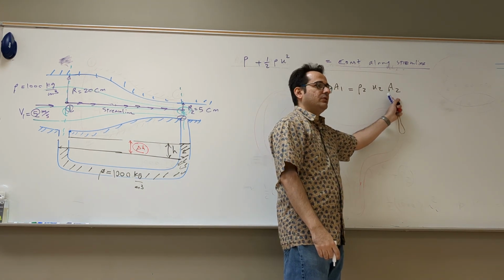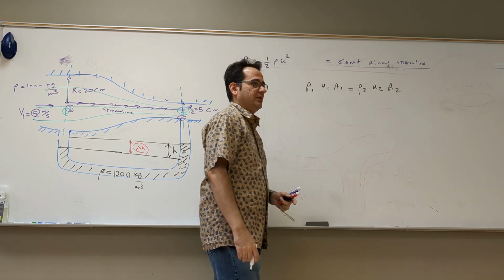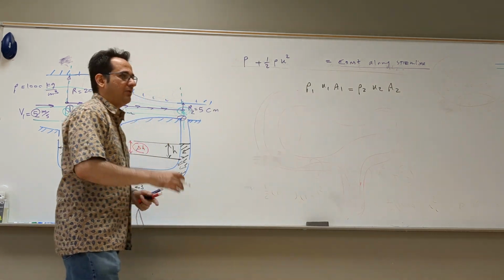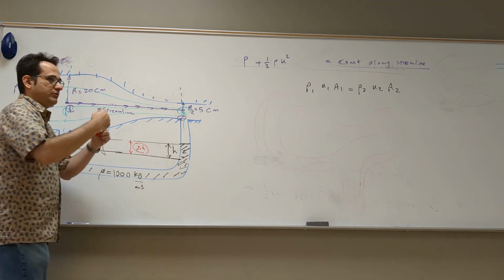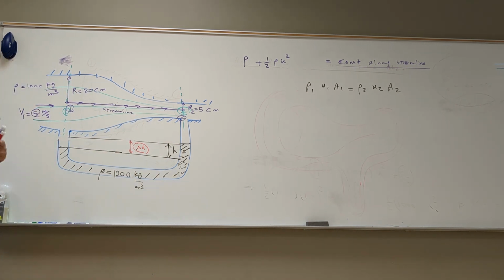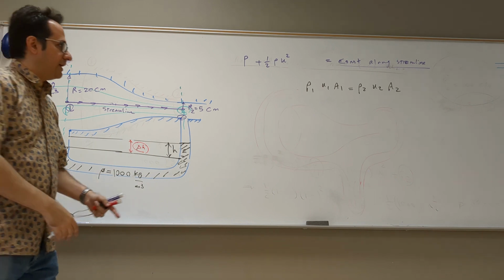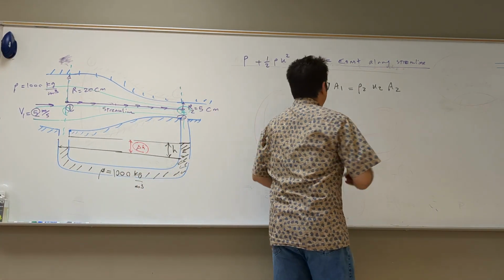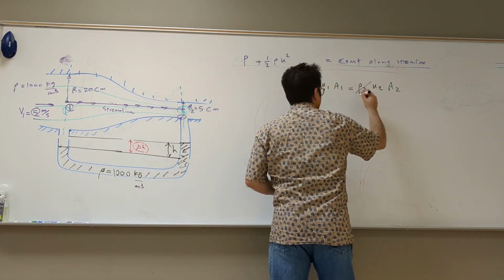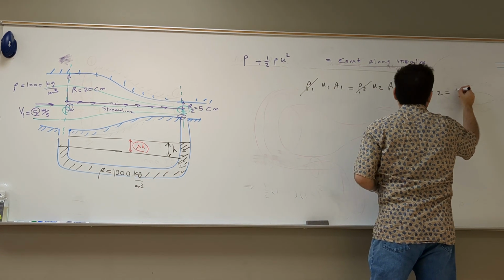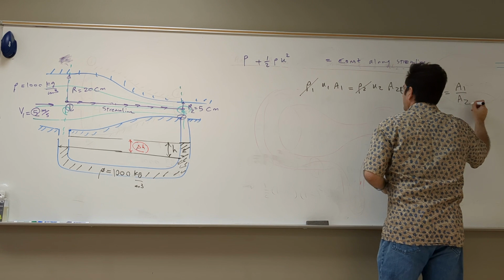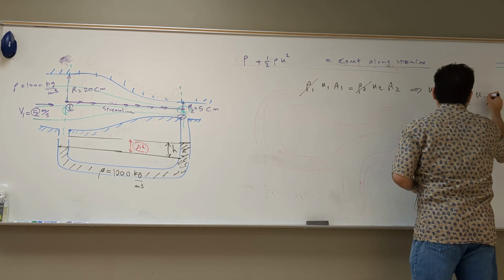But I don't repeat those procedures, I just write this equation right here. In fact, the correct way is to start with the 5 steps: define the system, make your FBD, write your equation, simplify, and then you get this equation. Now these two cancel out, so you get U2 is equal to A1 over A2 times U1.